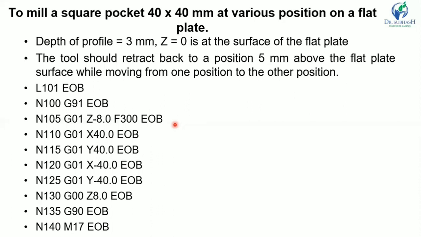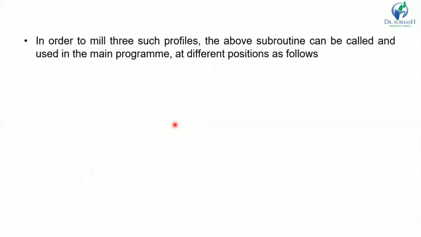This subroutine can now be called any number of times to build this square profile of 40 by 40 mm. In order to mill three such profiles, this subroutine can be called and used in the main program at different positions. Now let us see. Here we start with N005 G90 G71 G94 M03 S500 end of block, as usual.